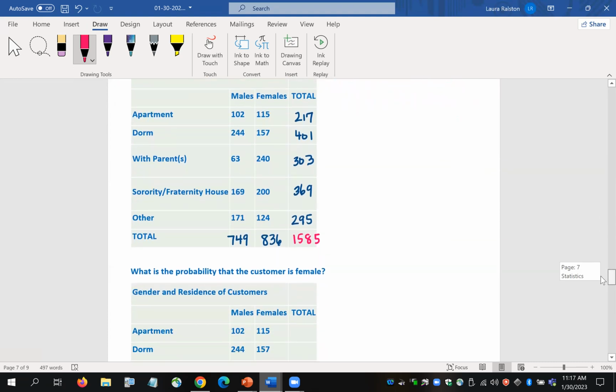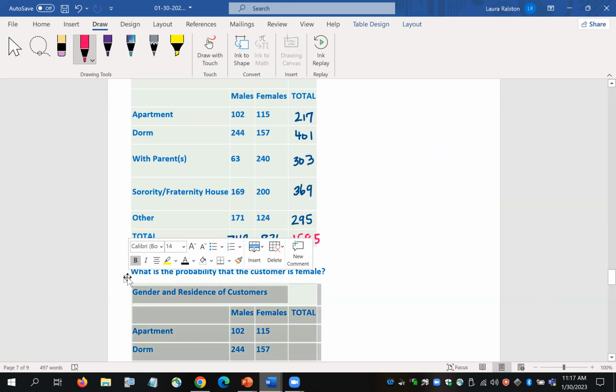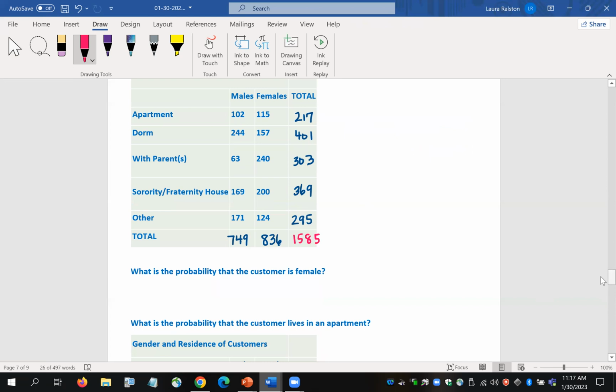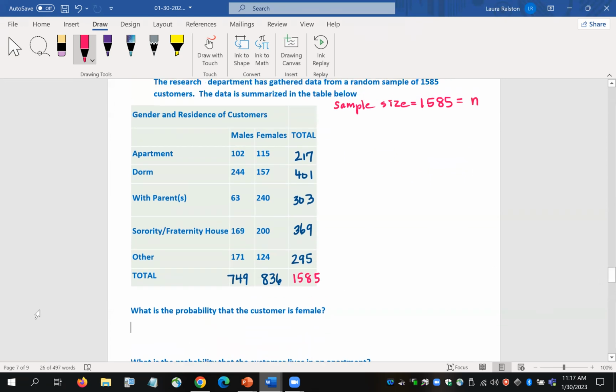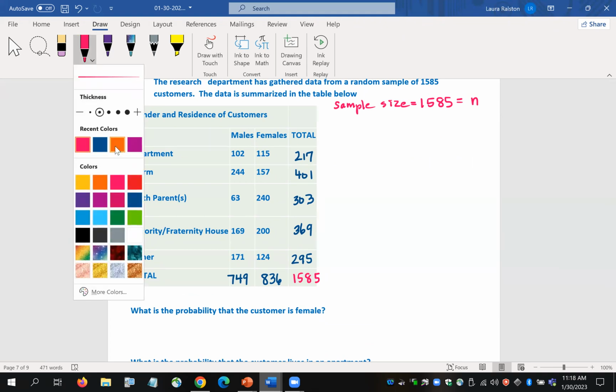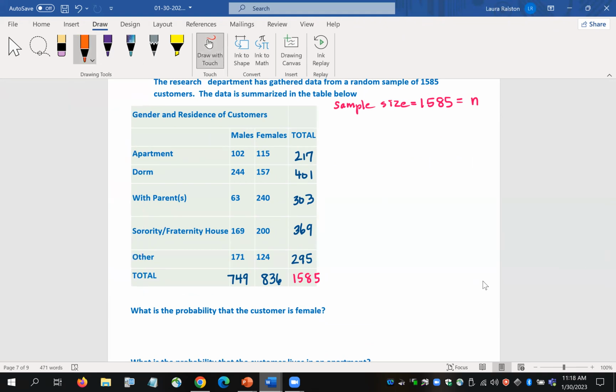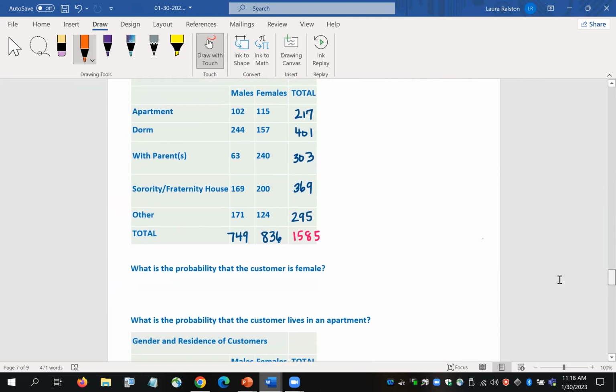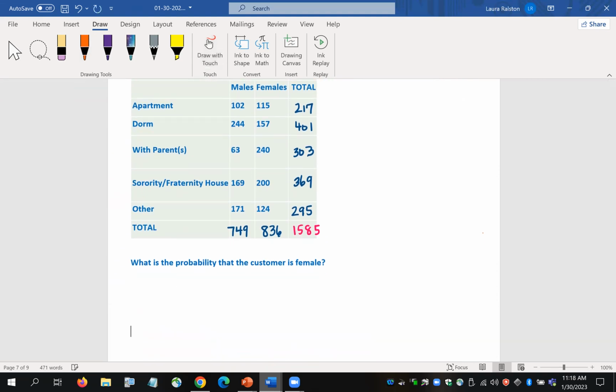All right, then I'm going to use that table to answer the question. The first question says, what is the probability that the customer is female? So I'm going to select a customer, and I want to know the probability that it's a female.